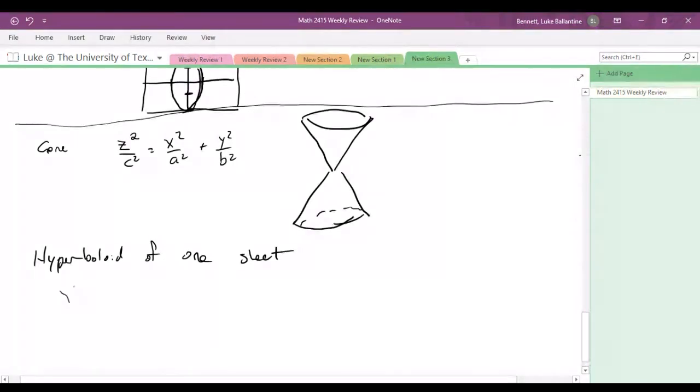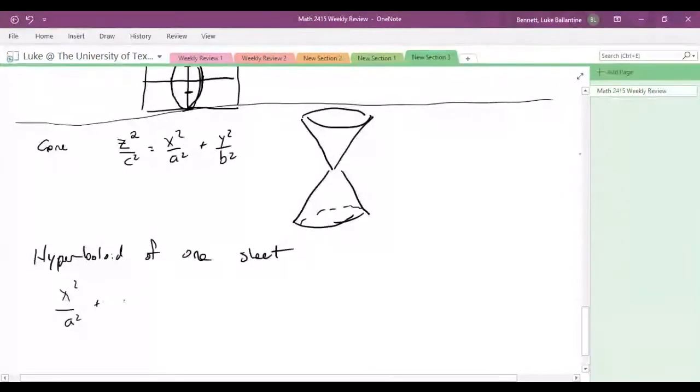So we might have something like x squared over a squared plus y squared over b squared minus z squared over c squared equals 1. This minus is the axis it's engulfing now.